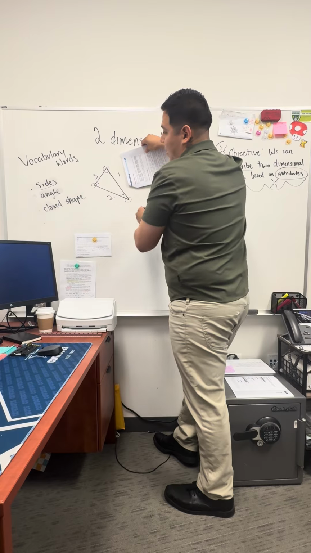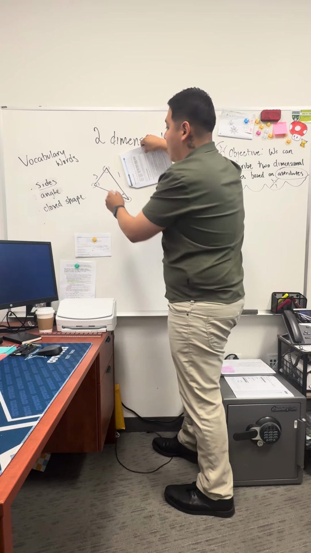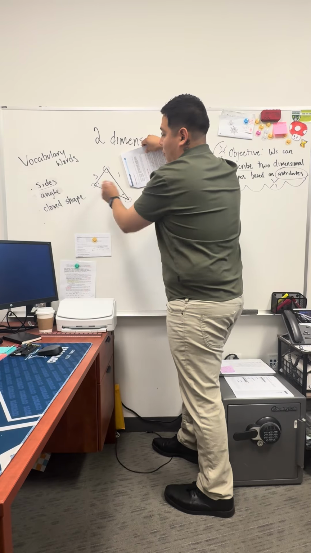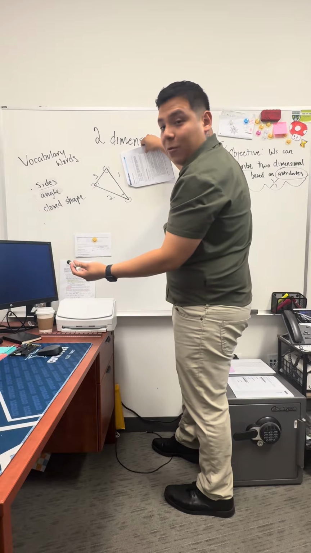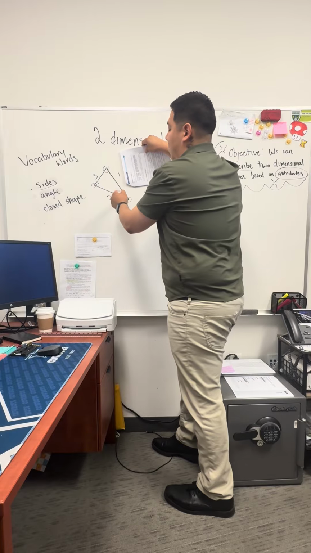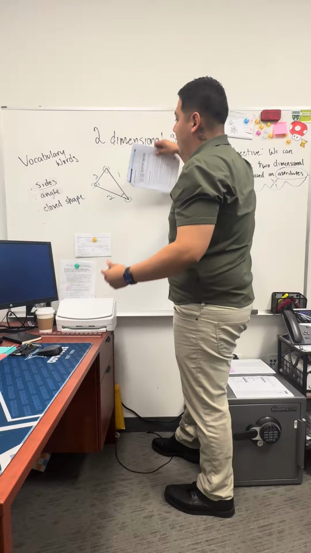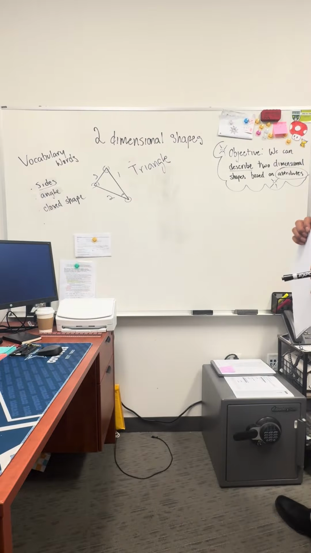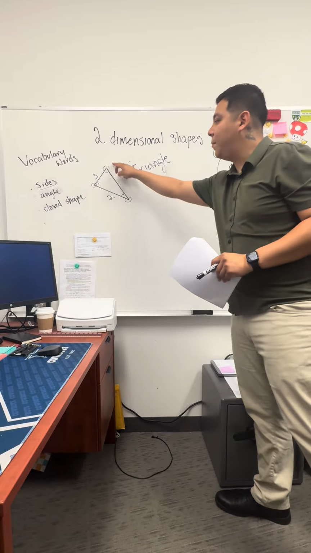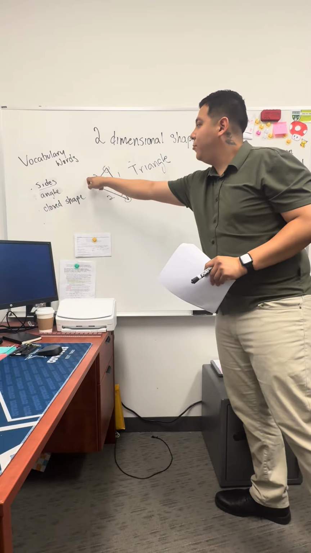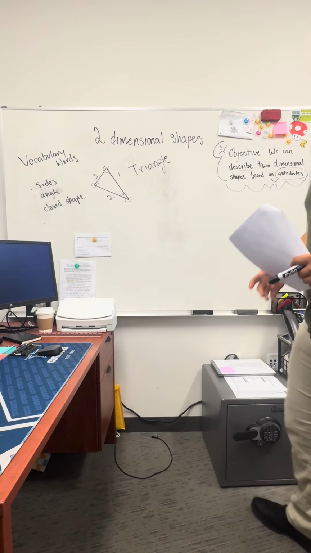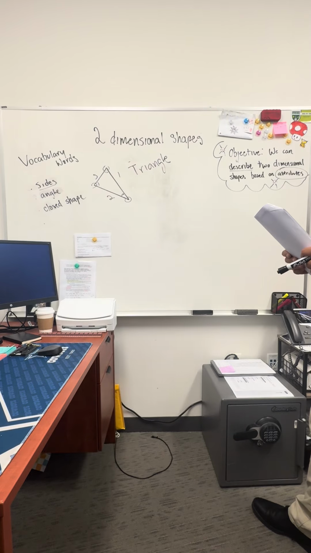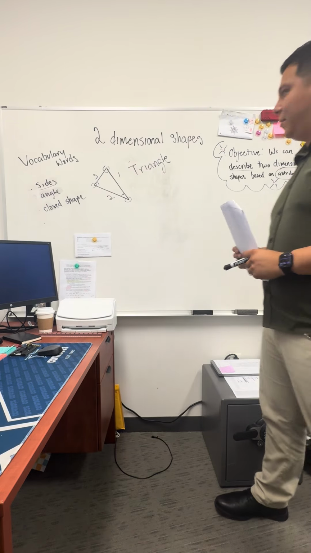You'll be able to say that it has 1, 2, 3 corners, which also means that it has 1, 2, 3 angles. And now I'm gonna go ahead and throw in another vocabulary word in there. Is this shape considered a closed shape or an open shape? What do you guys think?